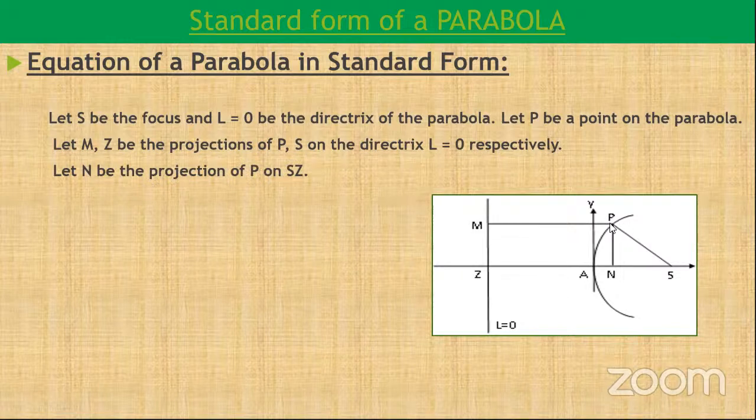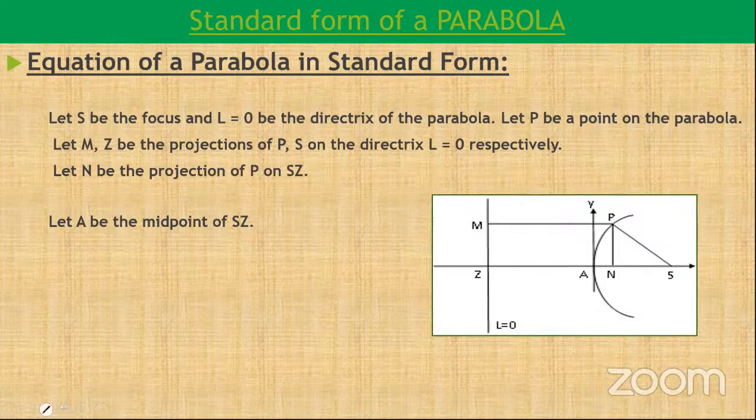Now from P, we have drawn a perpendicular onto SZ. Then N is the foot of the perpendicular. Let A be the midpoint of SZ. Now we have Z here and S here. S is the focus. Z is the projection of S on the directrix.